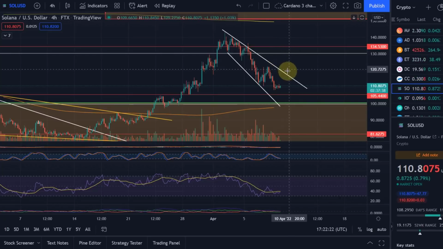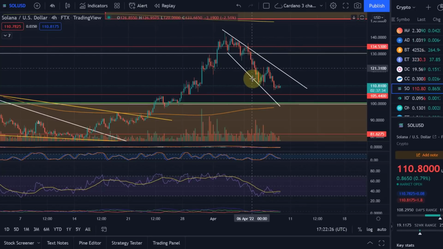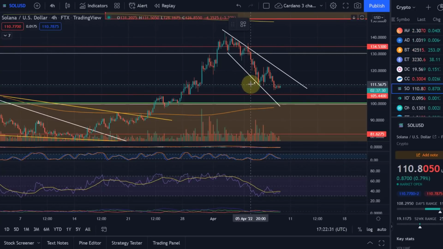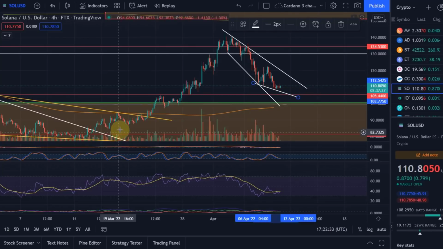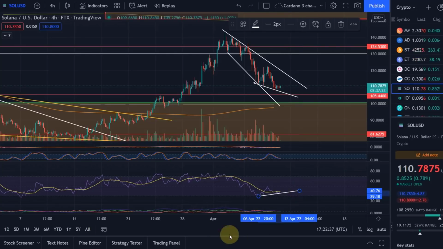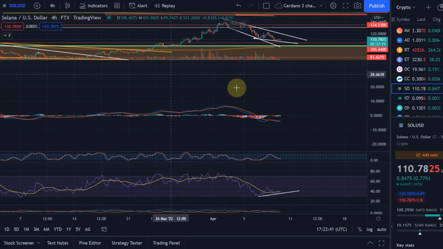What is very interesting is that we're also making a small bullish divergence here. Similar to what we see on the Bitcoin chart and the Cardano chart, we're making lower lows on the price chart and higher lows on the RSI, the relative strength index, and also higher lows on the MACD.